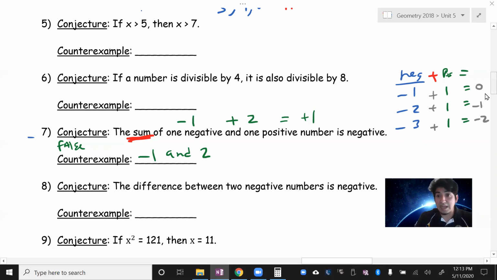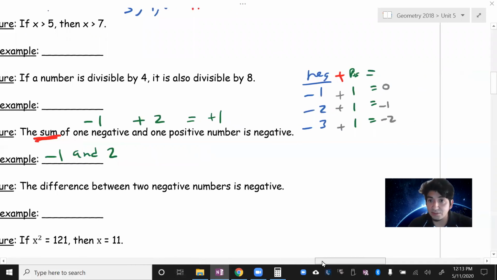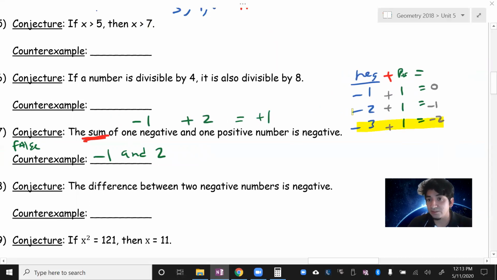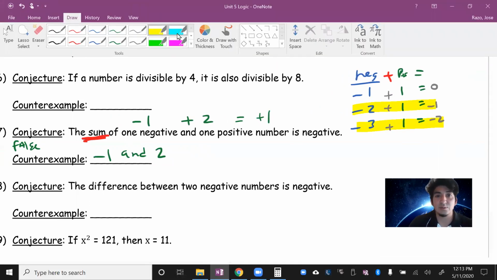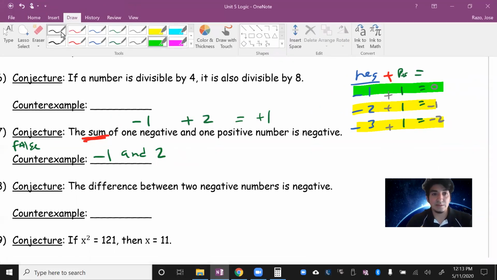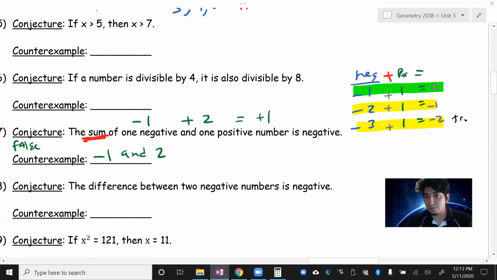So that makes it actually false, because these two happen to be my true cases, and this one happened to be my false case. Okay, so that's true, and this is my false. Okay, so you have to be creative in how you're moving numbers around.